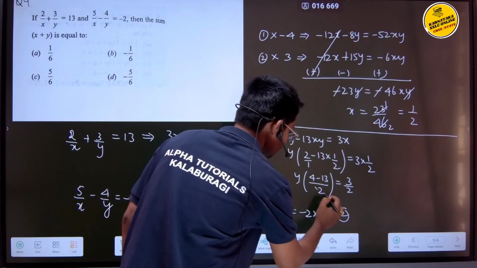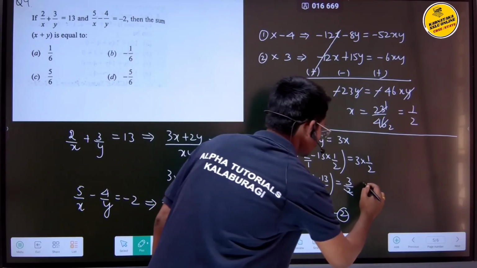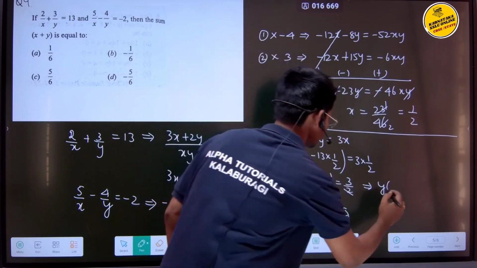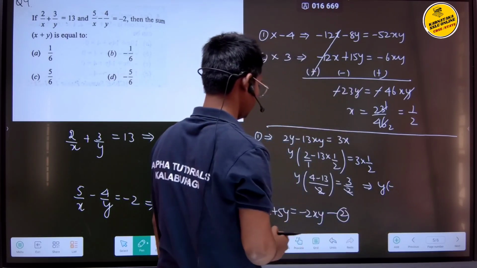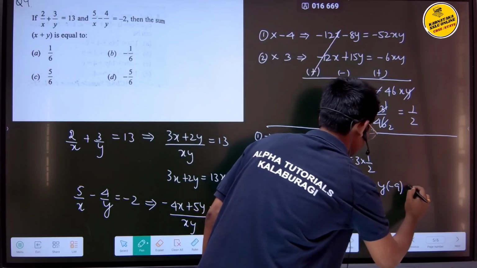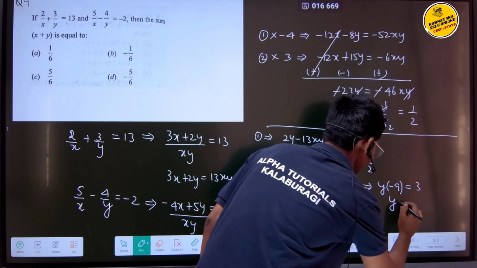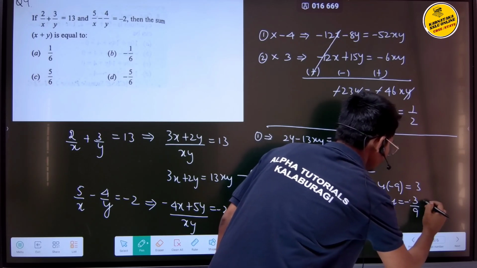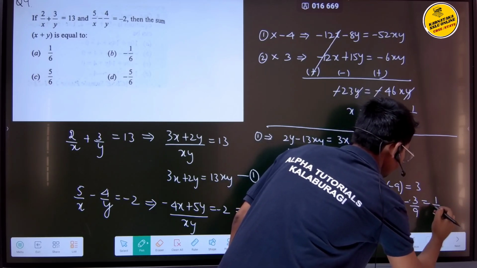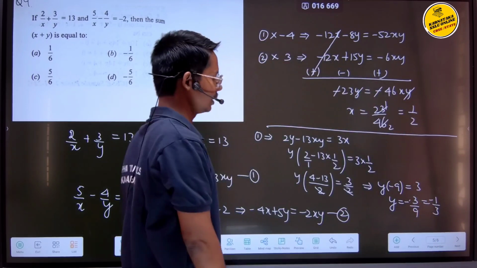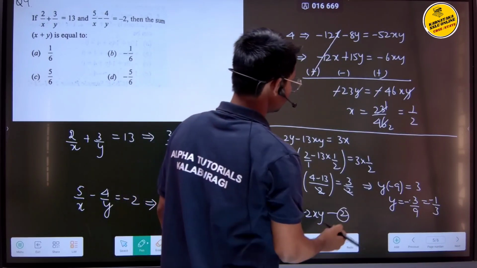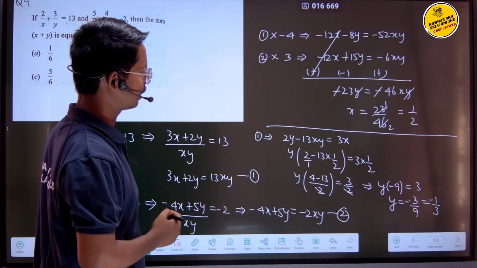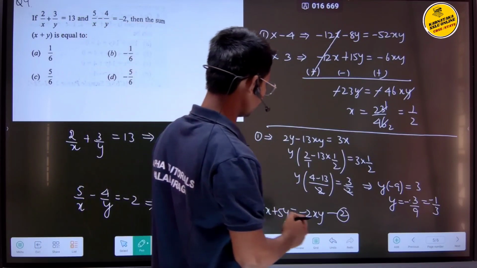We can cancel the denominators 2 and 2. So you'll get y of 4 minus 13 is minus 9 equals 3. So y equals 3 by 9, and the minus I can take to the numerator, so we'll get minus 1 by 3. So I'm getting the x value 1 by 2 and the y value minus 1 by 3.